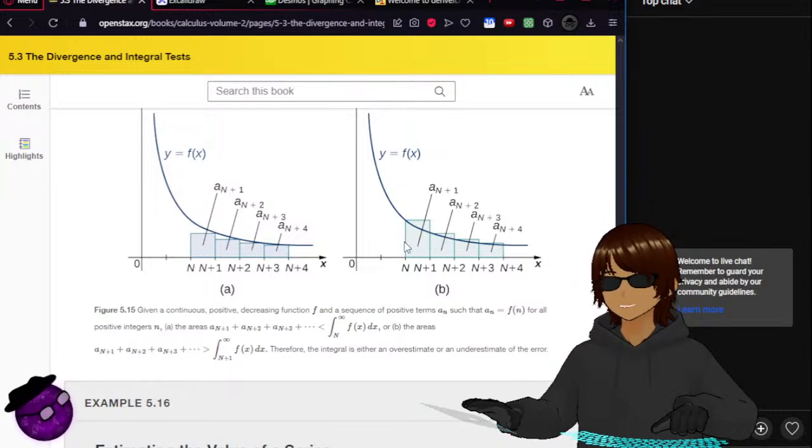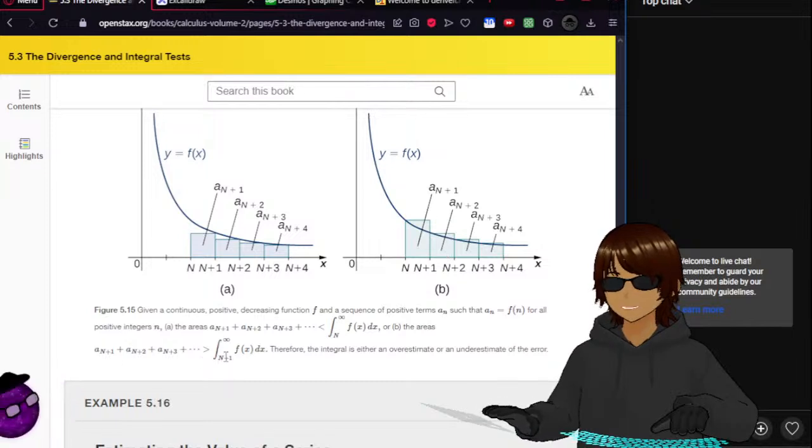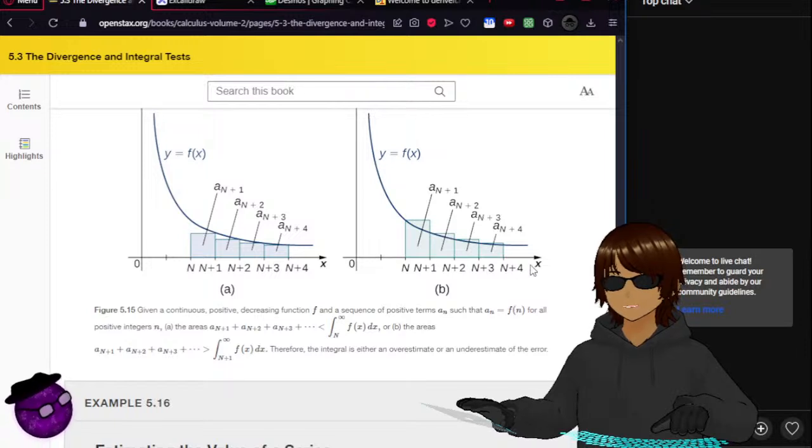Wait, I understood this, but I'm not understanding this. I think the picture is wrong. This area should be n times 1. This is a_n, and then this is a_{n+1}. This is a_{n+2}. That would make sense. That's why the area is n plus 1 to infinity.